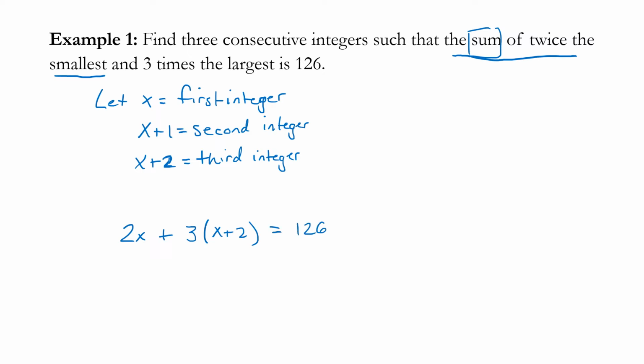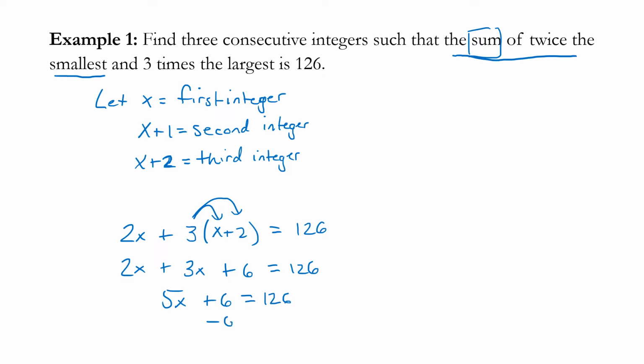So now starting to simplify this, I'll distribute 3 times x and 3 times 2. So I have 2x plus 3x plus 3 times 2 is 6 equals 126. I'm now going to combine like terms. 2x and 3x is 5x plus 6 equals 126.